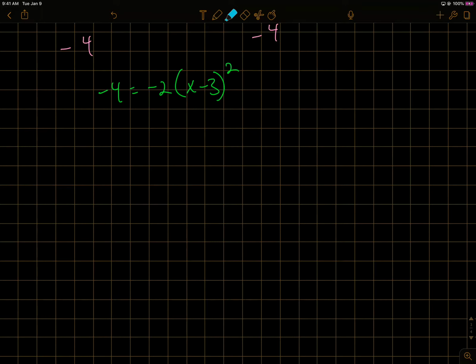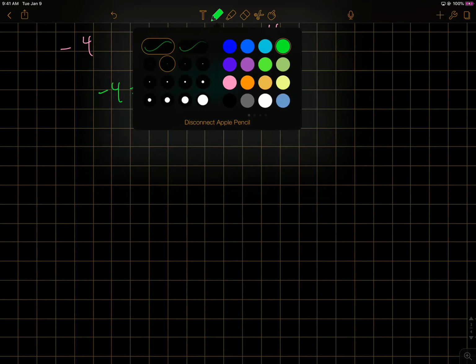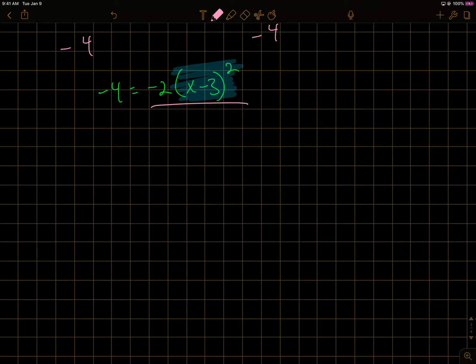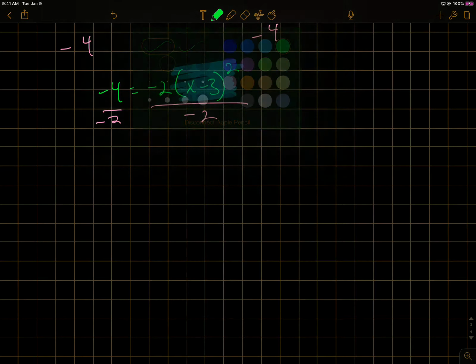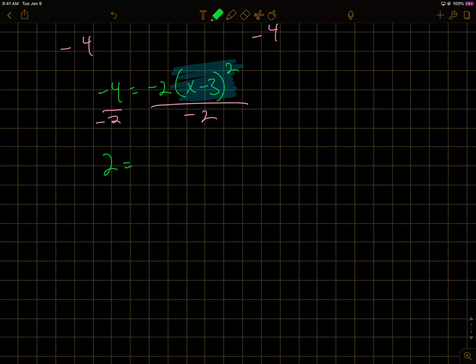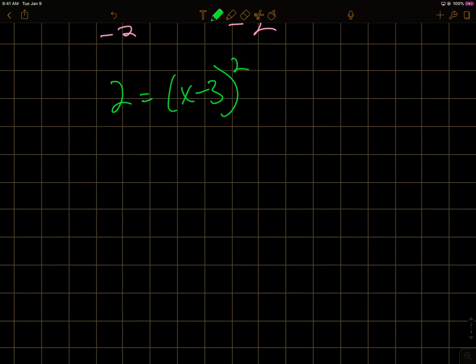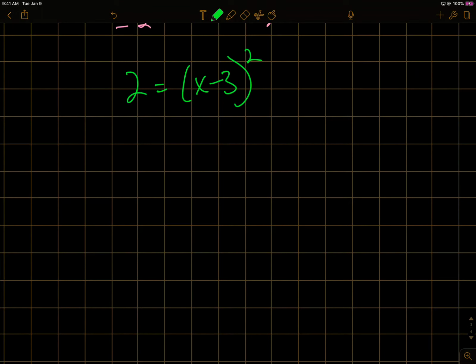Now, this chunk, I want to get it by itself, so it's times negative 2. So I will divide by negative 2 on both sides. And I get 2 equals (x minus 3) squared. Now that I've got the chunk solved, I want to square root both sides.